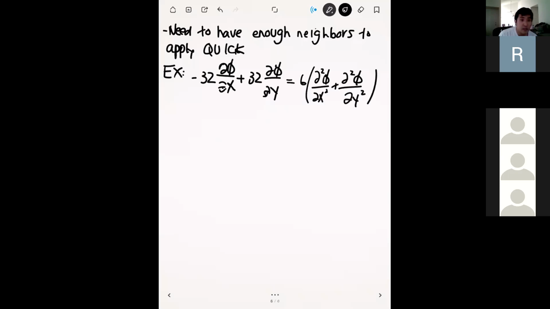Before we do anything, let's pick out our parameter values. From this problem, you can see that our u is going to be minus 32, our v is going to be 32, and our k is going to be 6.